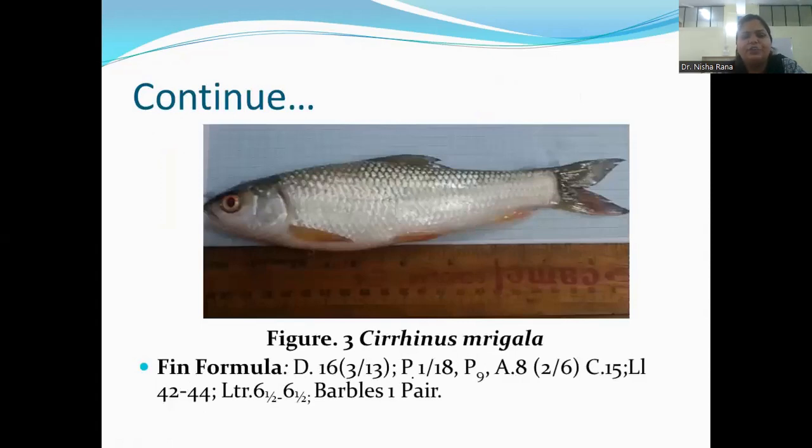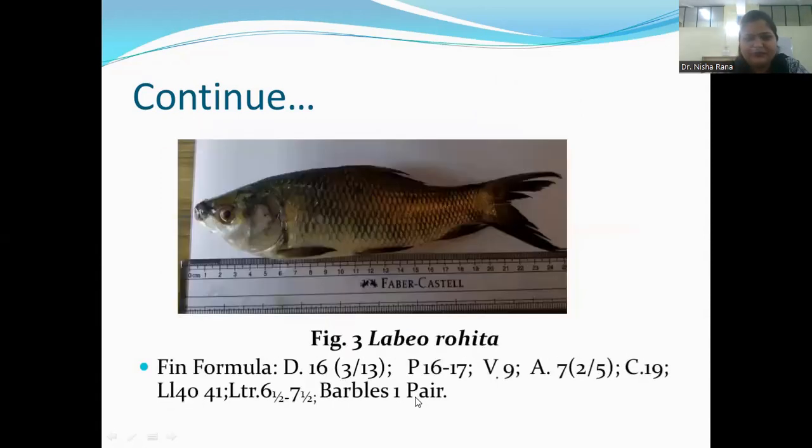So this is the fin formula of Cirrhinus mrigala, that is different from the previous one, but it denotes that the number of scales, number of fin rays, number of soft rays will be fixed in this particular type of species. It means in case of all mrigala, the number of fin rays, dorsal, pectoral, anal, caudal, lateral line number of scales, lateral transverse row, will be fixed in all Cirrhinus mrigala.